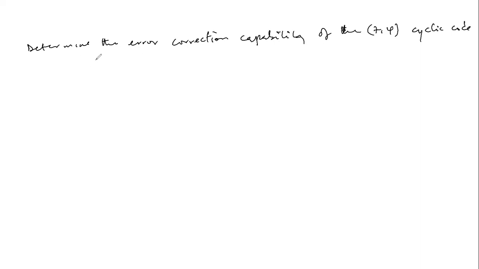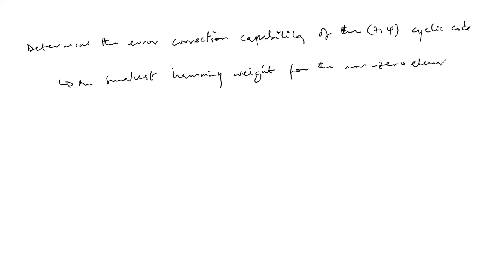Now, since the smallest Hamming weight for the non-zero code word is 3, the minimum distance is 3. Looking at the Hamming weights, the smallest Hamming weight for the non-zero code word is equal to 3.